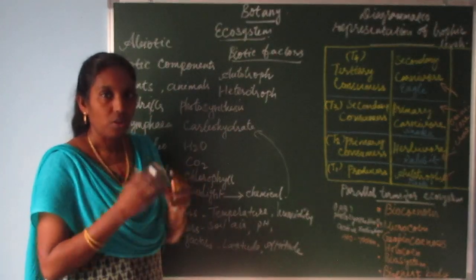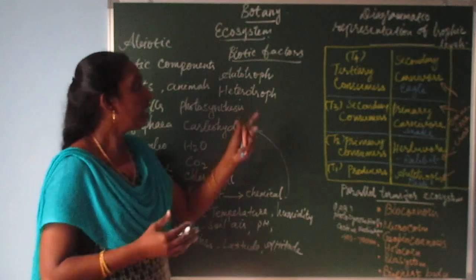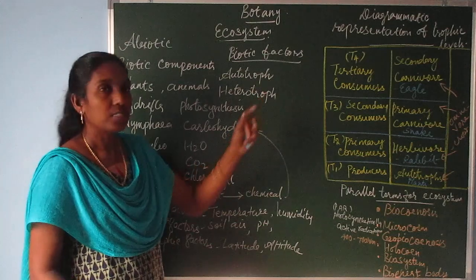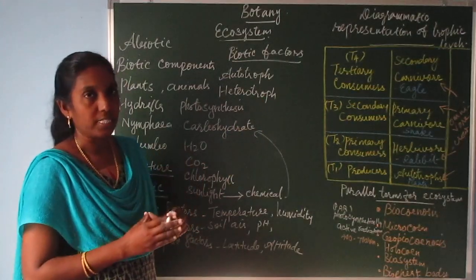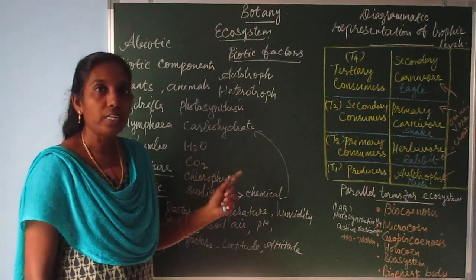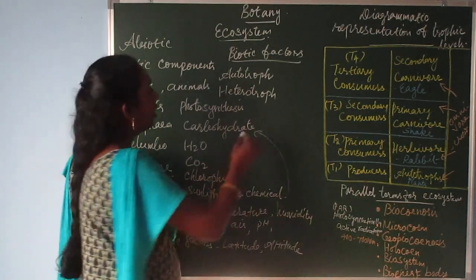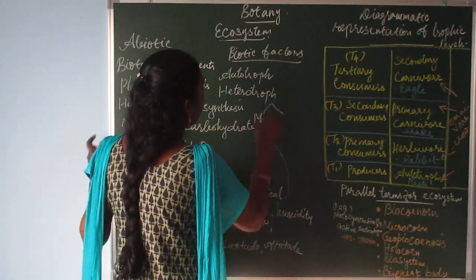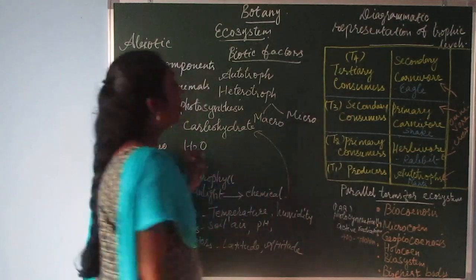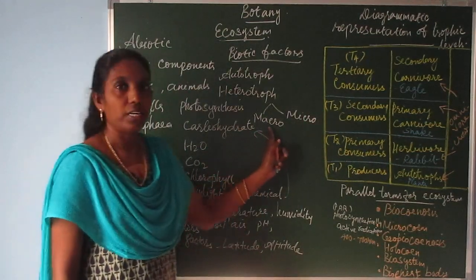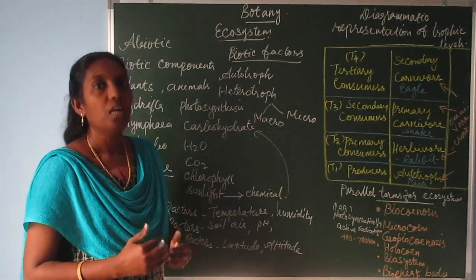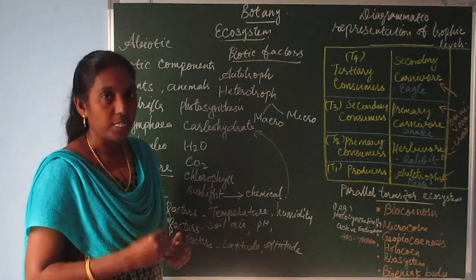These autotrophic organisms, the producers or green plants, are consumed by heterotrophs. Heterotrophs include macroheterotrophs and microheterotrophs. What are the differences between macroheterotrophs and microheterotrophs? Heterotrophs are the organisms known as consumers.